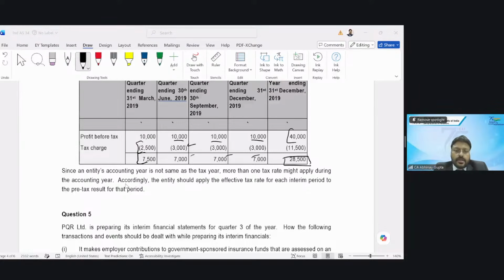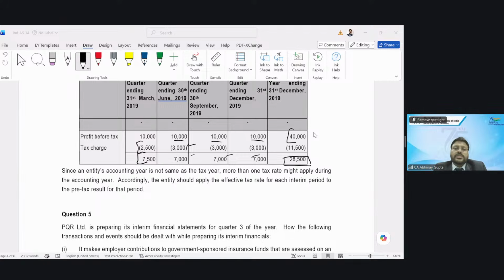Correct? Now, what have we learned from this question? We have learned that the tax rate which is effective for that quarter as per the income tax needs to be applied for that very quarter, right? So if the rate changes in between, are we supposed to apply the new rate? Yes.